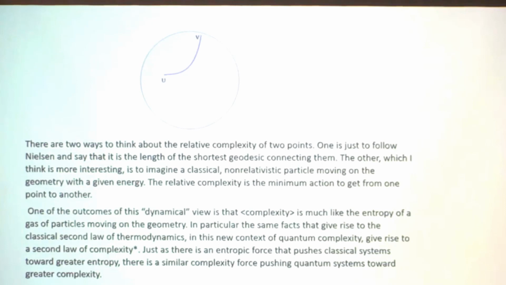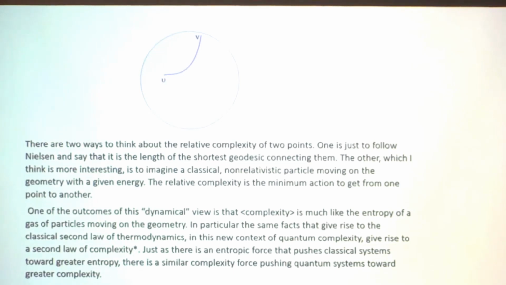There are two ways to think about the relative complexity. If I have two unitary operators, I can ask how many gates it takes to go from one to the other by operating, let's say, by left multiplication. That minimal number of gates to go from one to the other is called the relative complexity.